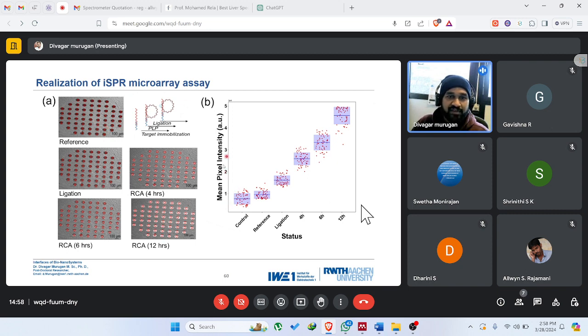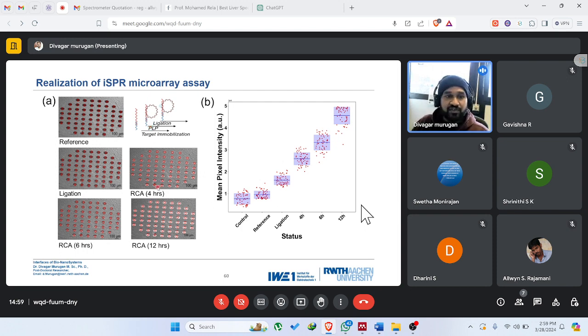So here you can see how the mean pixel intensity goes up. This is how the multiplexed imaging SPR can be established and realized for a particular kind of assay. Here I have shown you an amplification of a DNA molecule. Instead, you can simply use a protein-protein interaction or a protein-small molecule interaction, whatever your interest is.